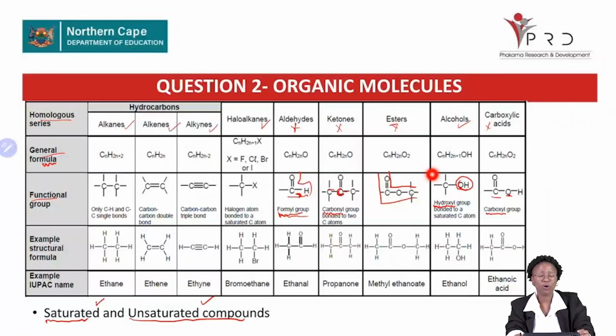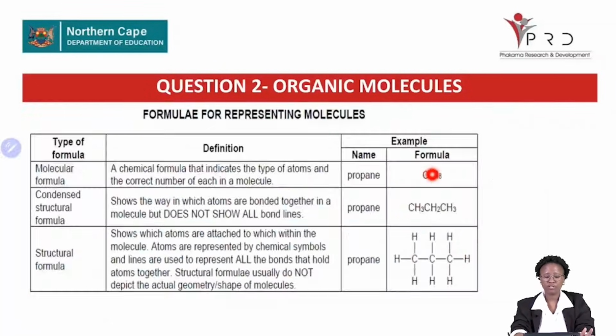Remember, saturated compounds are organic compounds that consist of single bonds between their carbon atoms. And then unsaturated compounds consist of multiple bonds between their carbon atoms. Remember that difference, okay? Then when you are able to do that, then you are good to go with this one.